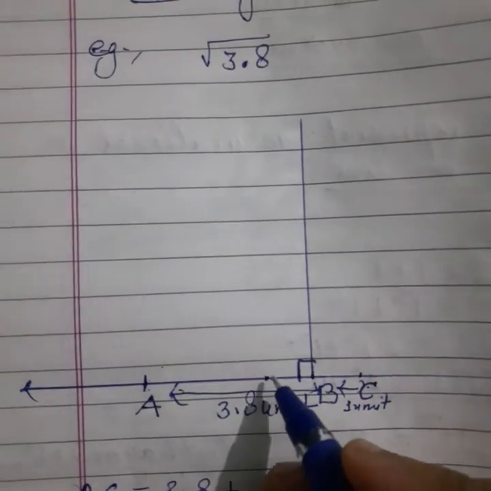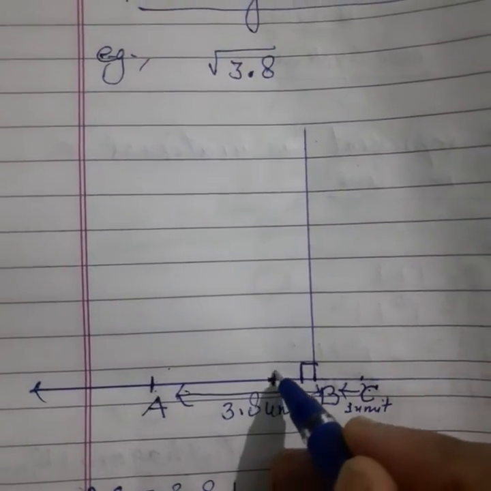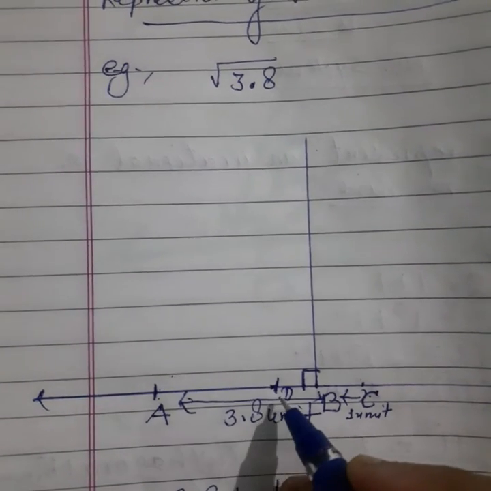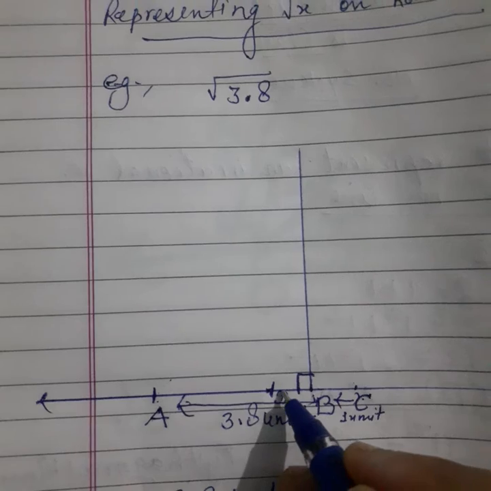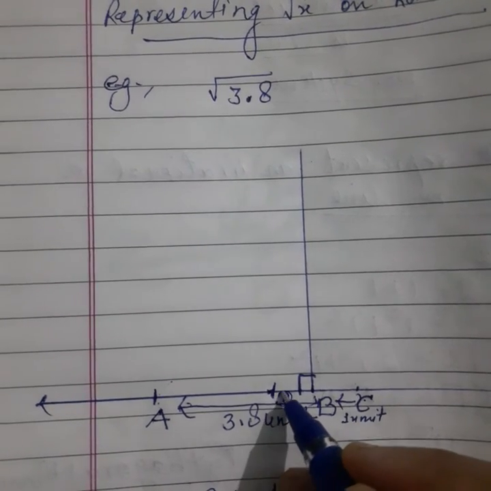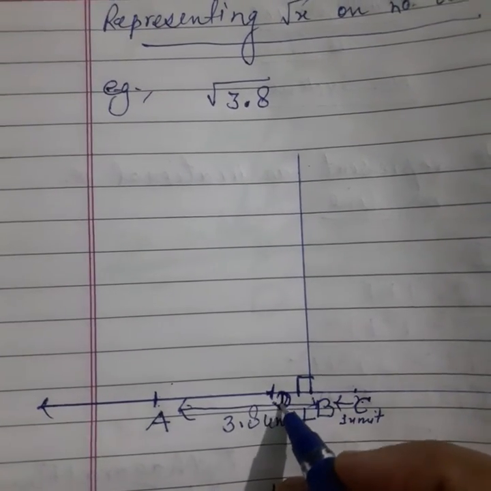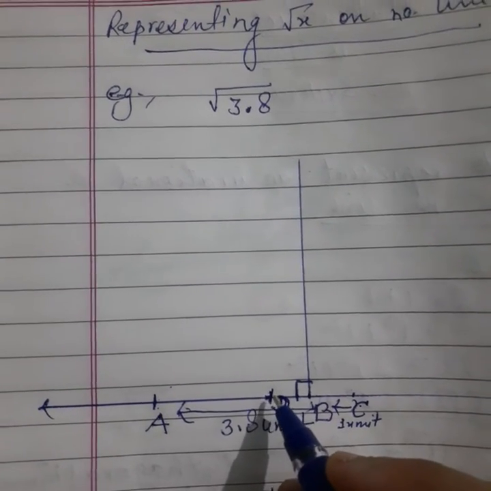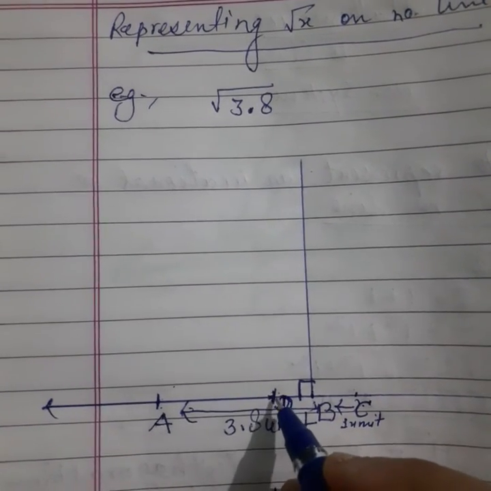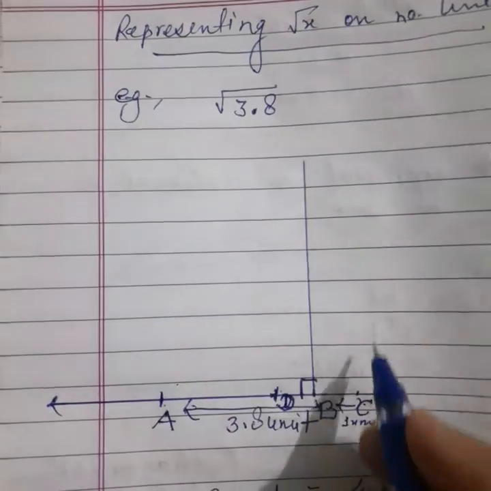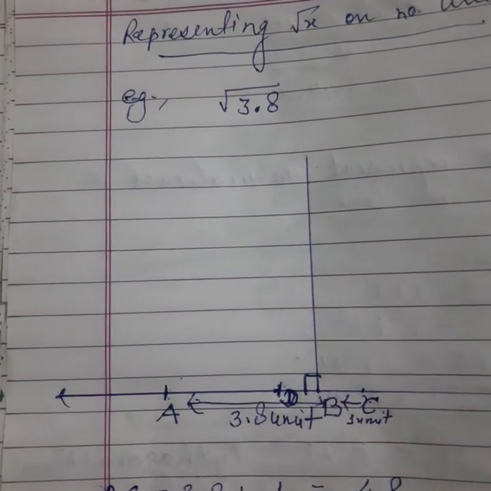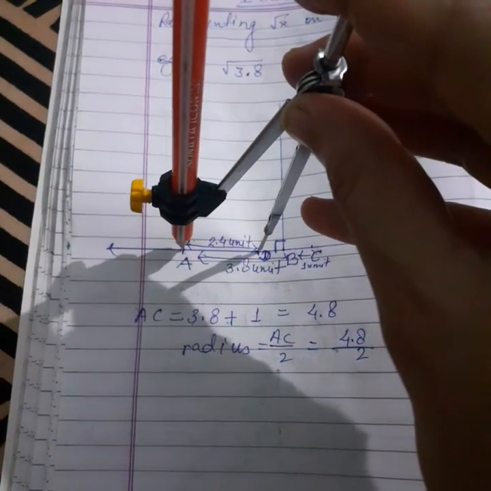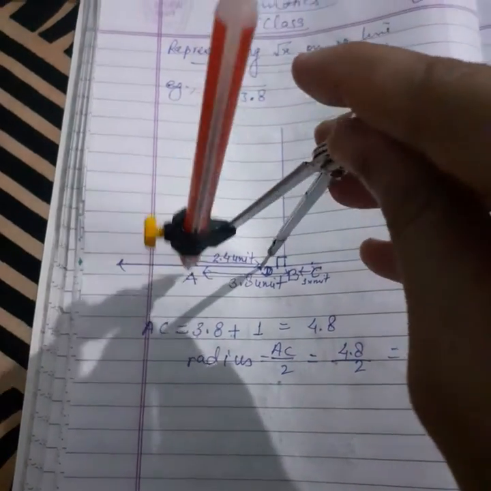Suppose the center is D, or you can take O also, but I have left O as the origin. So this distance is AD, the radius. So take distance AD in the compass, D as center, and make the semicircle with diameter AC. See, I have taken D as center and radius as 2.4 units.